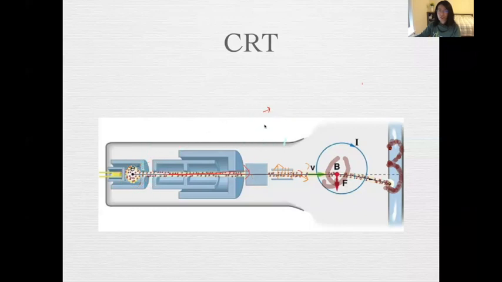So this leads to a very important question that people cared about when they were still using the traditional CRT television. If you have a CRT television, your parents will probably tell you, do not bring any magnet or current near that TV. In the following, I'll show you a video and you'll see why.